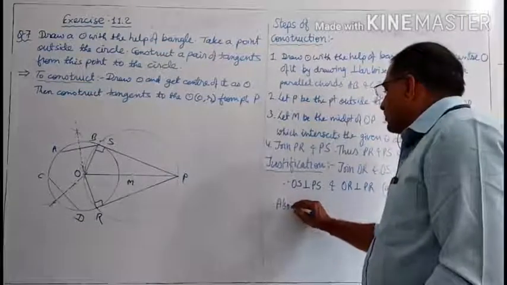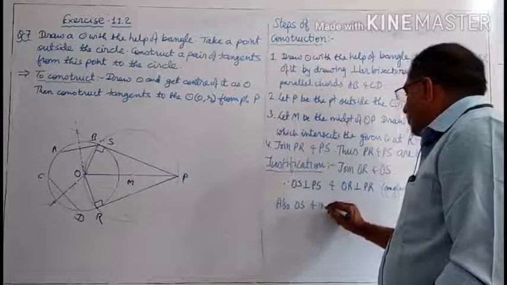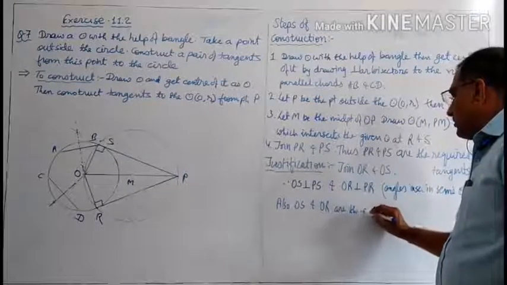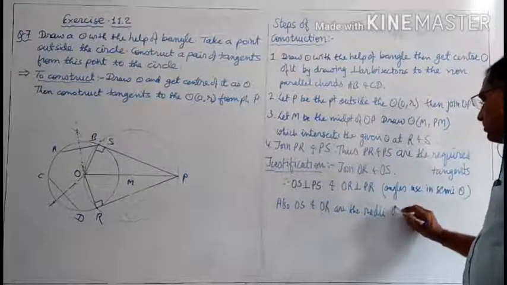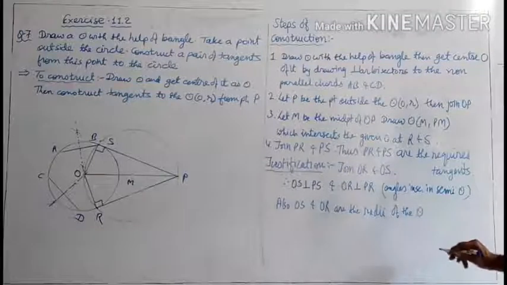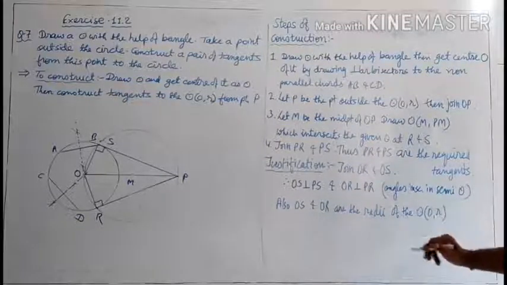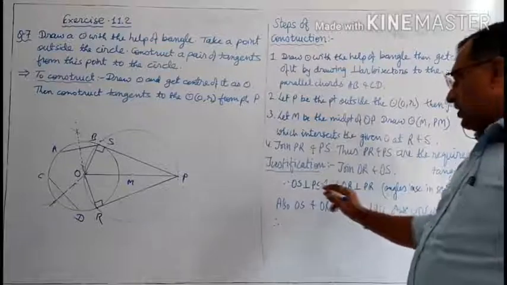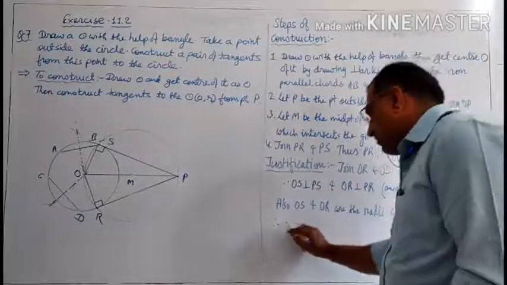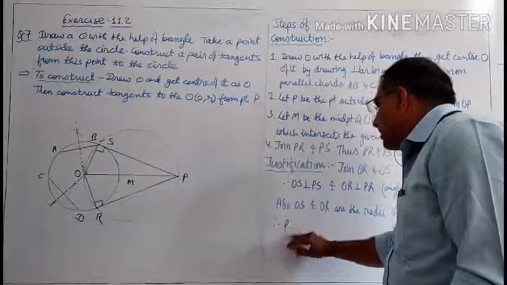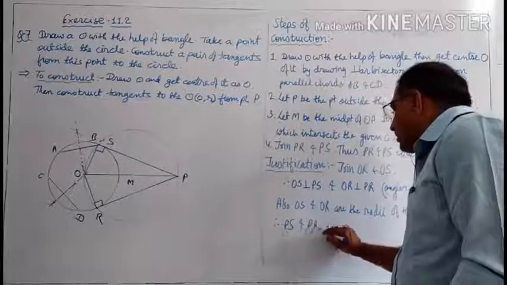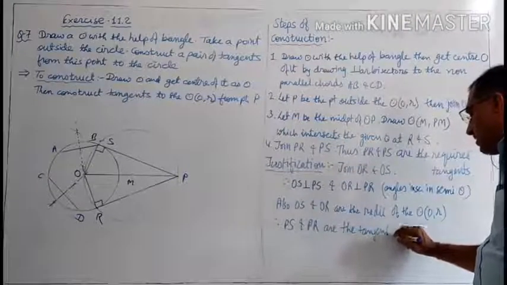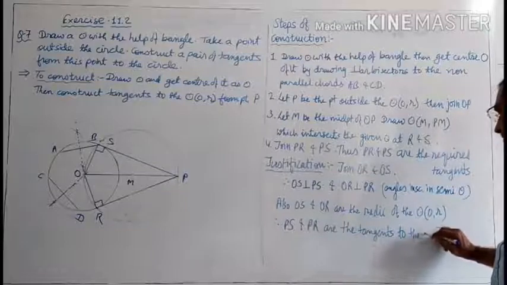Also, OS and OR are the radii of the circle with center O and the radius R. As these radii are perpendicular to the line segments PS and PR, therefore PR and PS are the tangents to the circle.